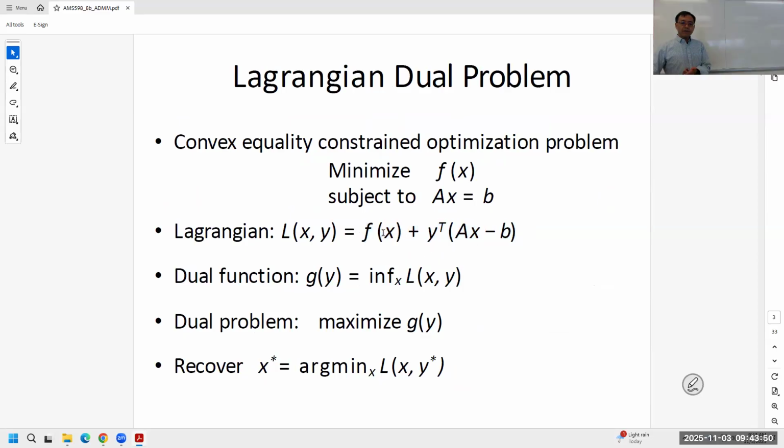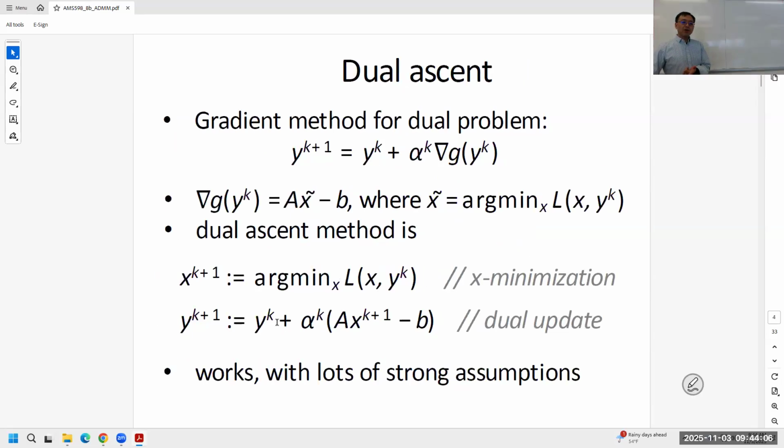Then you can see the first term is actually a constant, it doesn't contain any y, so if you take a gradient, the first term goes away. The second term is going to be Ax_{k+1} minus b. This is the gradient with respect to y. So we update y in the direction of its gradient.